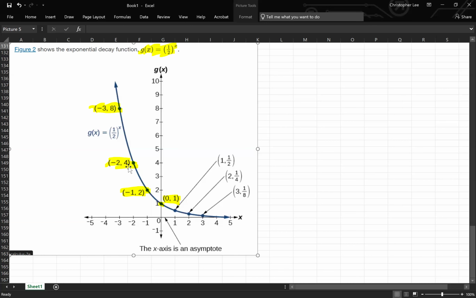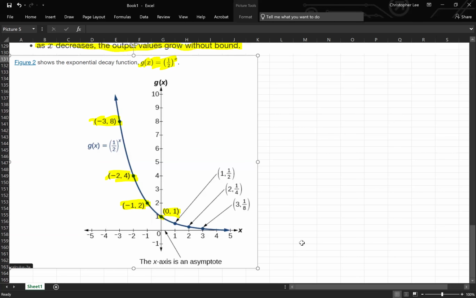The other side, getting really close to 0, I'm okay with if you don't show me that on the graph, since it's really hard to do. I want you to label the graph and give me some points on it. Don't just draw the picture. And of course, the x-axis is the horizontal asymptote as well.